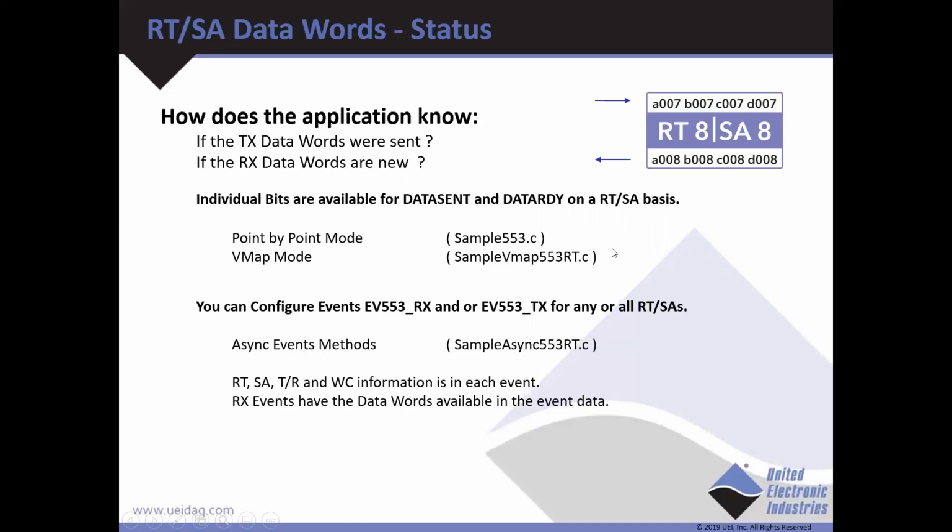And I've referred to some of our sample code here. Or you can configure events that will notify your application asynchronously if any RTSA receives data or transmits data. There are different events. You can set up a receive event for one RTSA or both events for one RTSA.